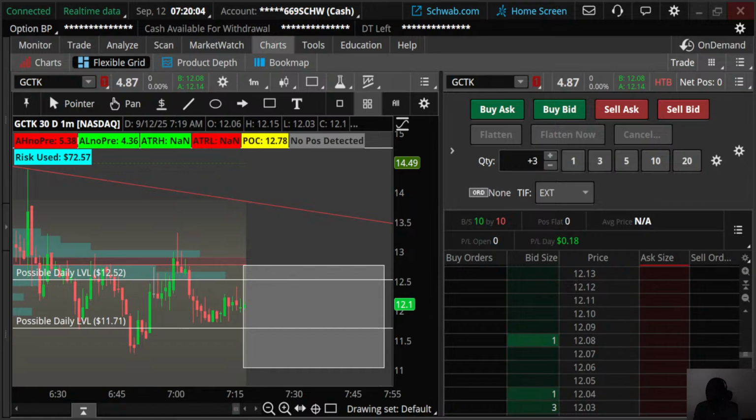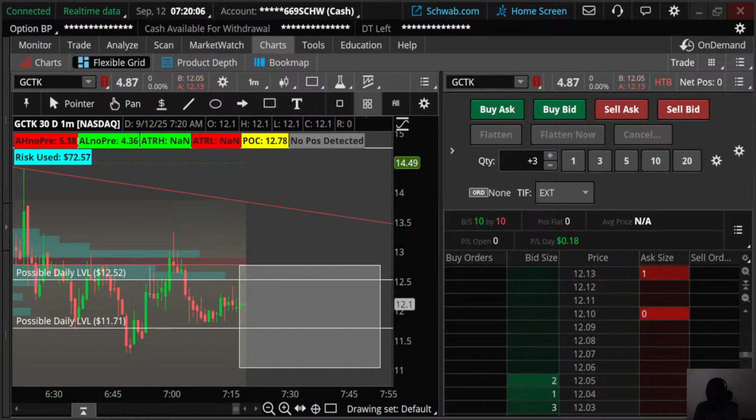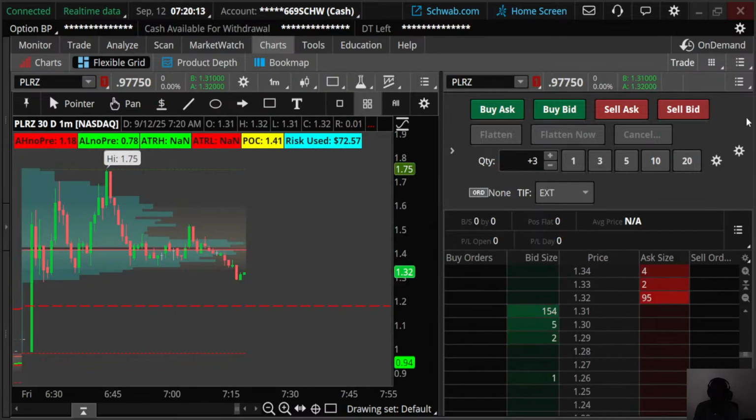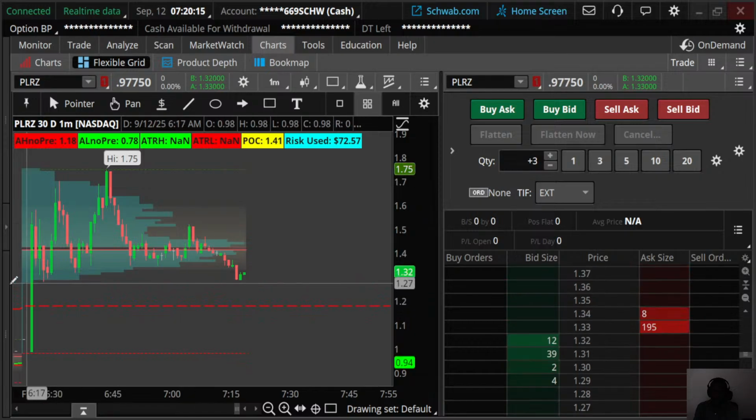It was getting millions or tens of thousands traded, and now it's like getting hundreds. So that kind of scares me as well. PLRZ came down to the bottom of this range around this 128. And like I said, it may be the leader on today. Wouldn't be surprised.